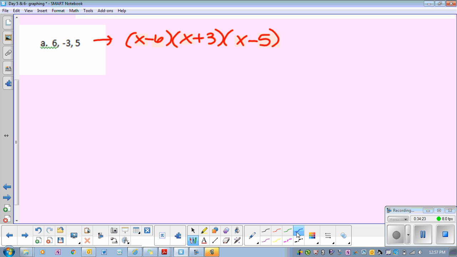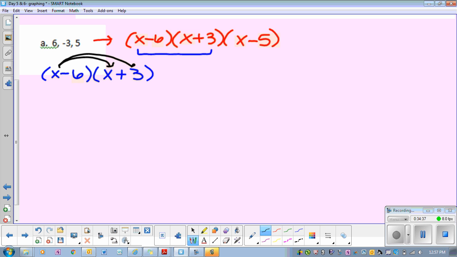Now, just multiply. Take two and double distribute. So we have x minus 6 times x plus 3. x times x is x squared. What's x times 3? And then double distribute: take the -6 and multiply it to everything.